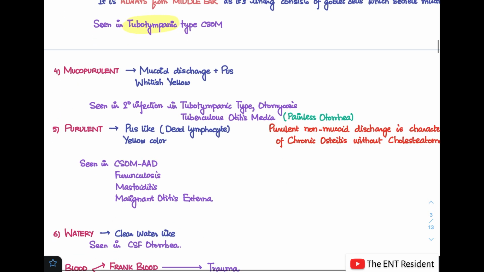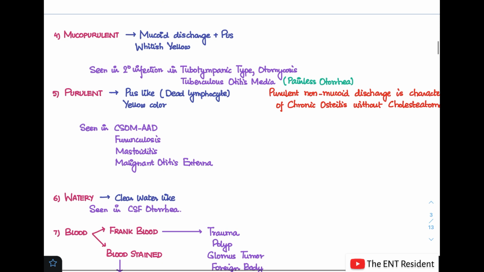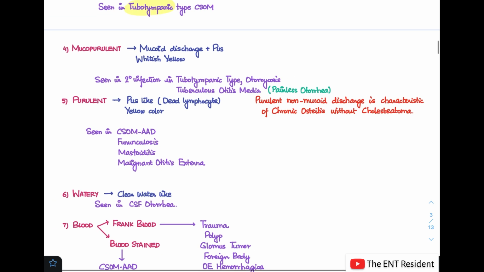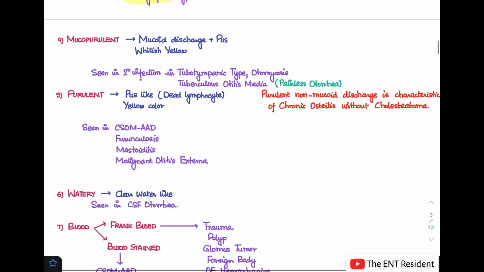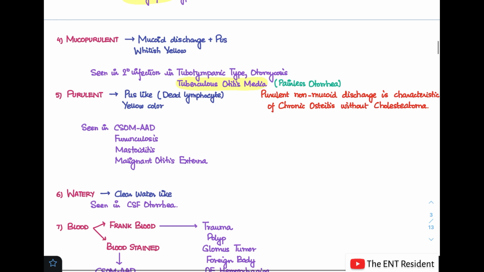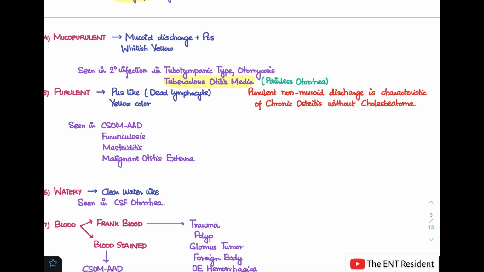Next is mucopurulent type. Now mucopurulent type is when the mucoid discharge is mixed with pus. This will be seen in secondary infection in tubotympanic type, in otomycosis, as well as in tuberculous otitis media. Now tuberculous otitis media has this typical feature where the discharge is painless. Also, purulent non-mucoid discharge is characteristic of chronic osteitis without cholesteatoma.